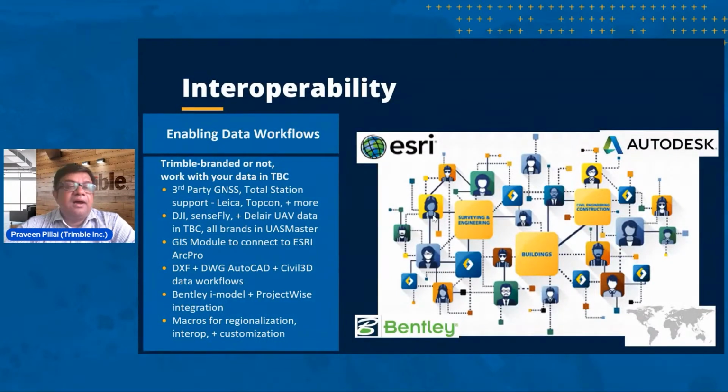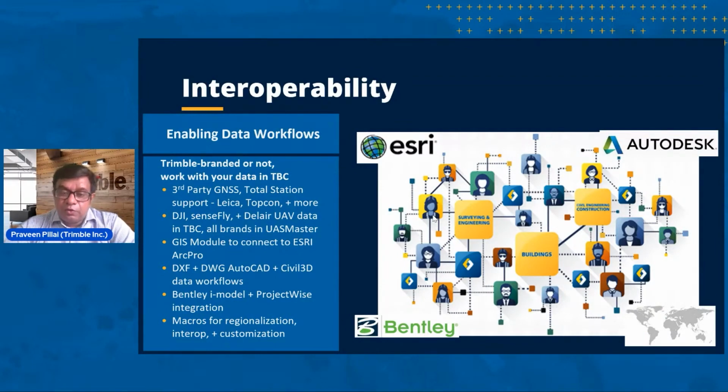Okay, and then when we talk about interoperability, we have got different workflows, like any third-party sensors, which we already talked about. Then when it comes to third-party UAVs, we take data directly from them. Okay, then we work with ESRI modules, we work with Civil 3D, the Bentley systems, and we can have our own macros as well.